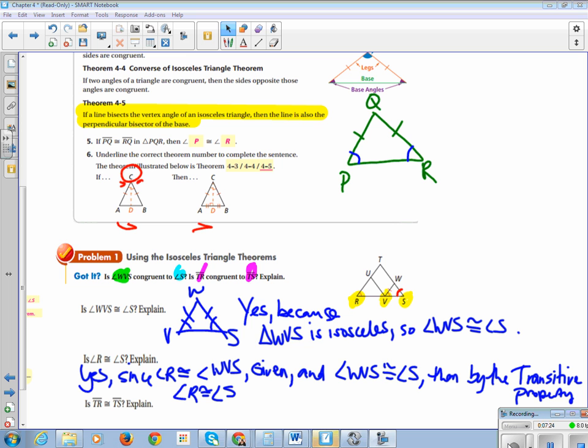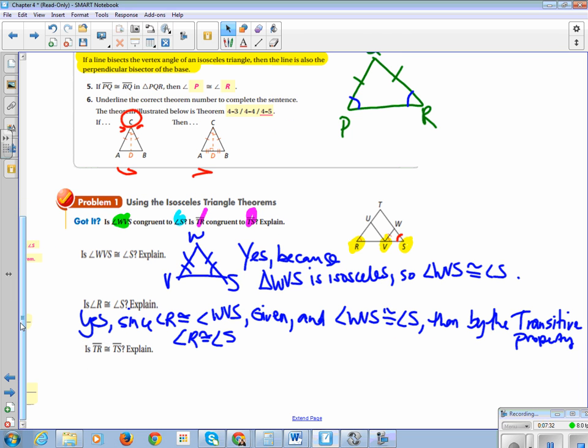So now, is TR congruent to TS? And if yay or nay, explain. So the answer to this is yes.